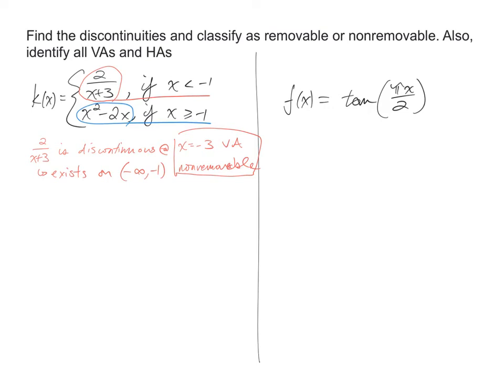For this other function, x squared minus 2x is continuous everywhere. So if it's continuous everywhere, it will also be continuous on a restricted domain. So that's not a big deal. What we need to do now is see if the function k of x is continuous at -1.